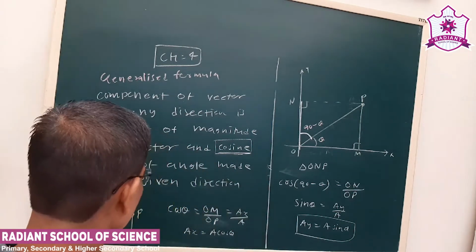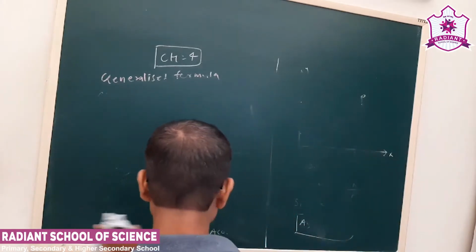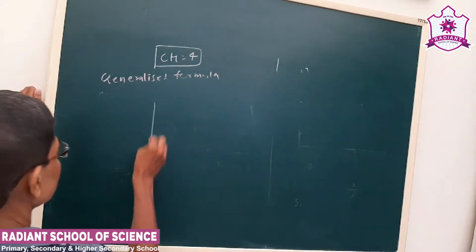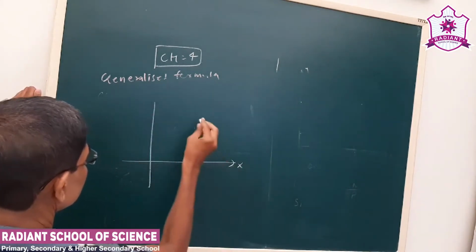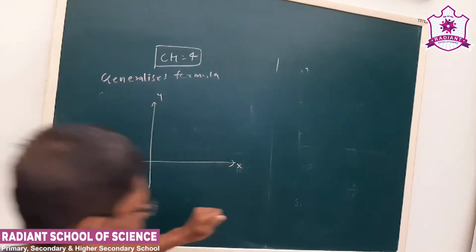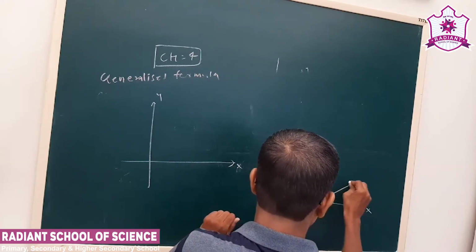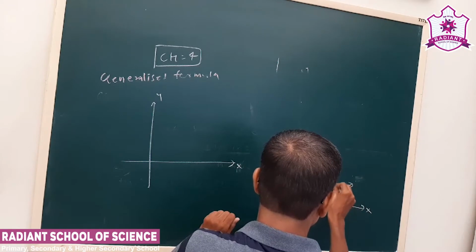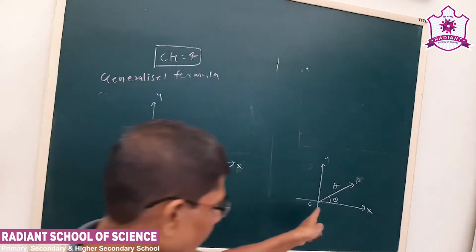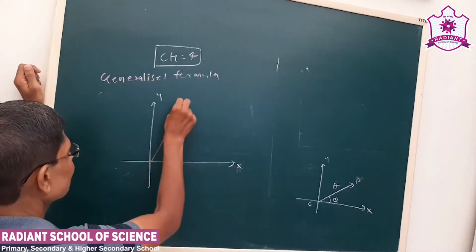Now I take a simple example by which you can understand things very easily. What we have seen in the last case: OP is vector A, theta is the angle made with the axis. But suppose a vector is like this.